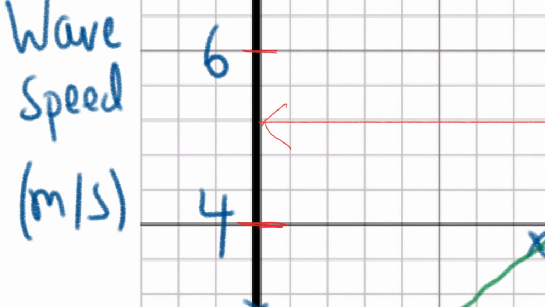We've got 2 divided by 5 equal divisions. 1, 2, 3, 4, 5. 2 divided by 5 is 2/5 as a fraction, or 0.4 meters per second as a decimal. So we've got 4.4, 4.8, and that would be 5.2. 5.2 meters per second.